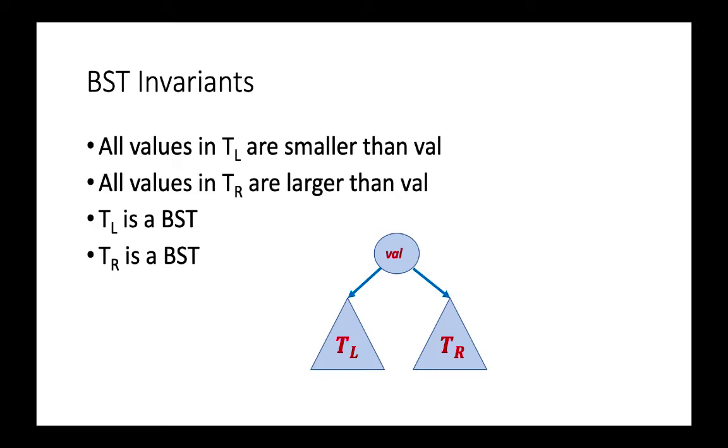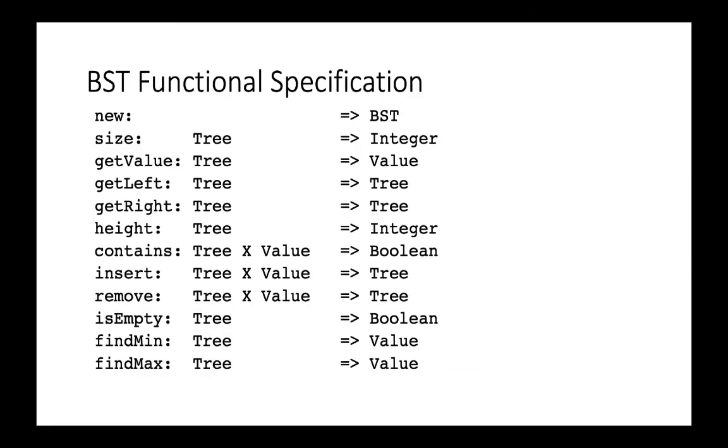And all the values in the tree to my right are larger or equal to the value that I'm storing at this node. And furthermore, my left and my right agree to abide by these rules too. Okay? When you add these invariants, then you get a different functional specification.